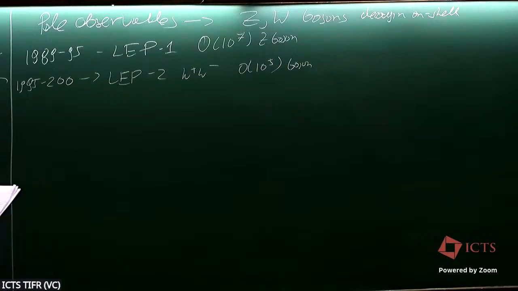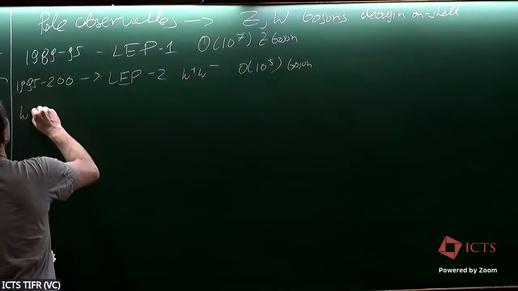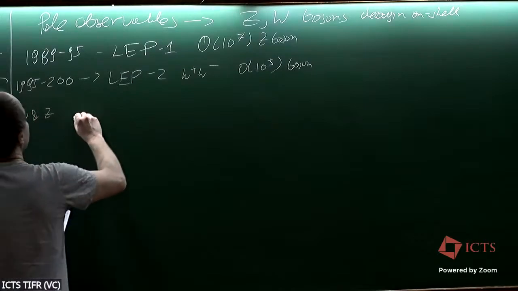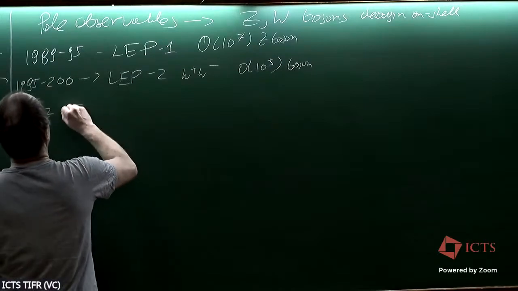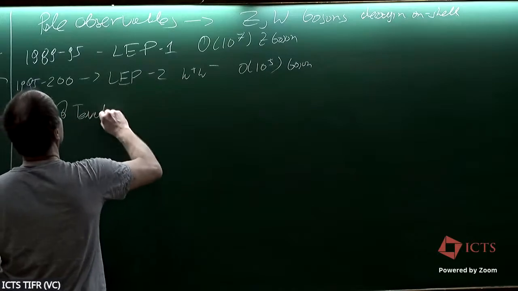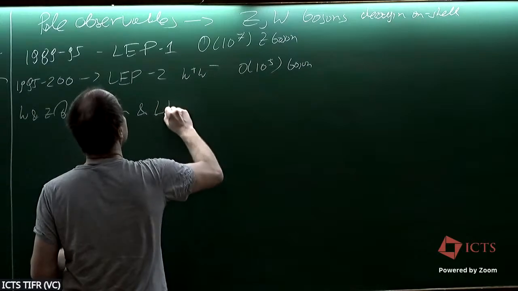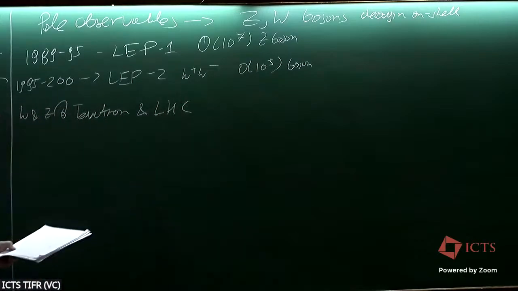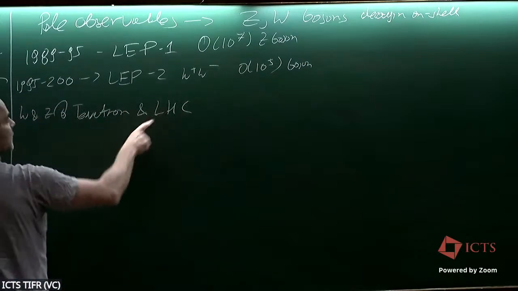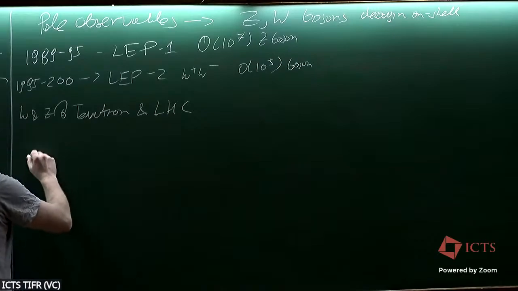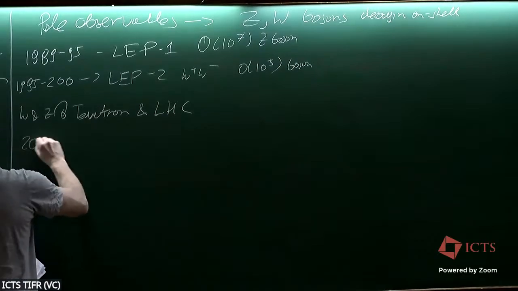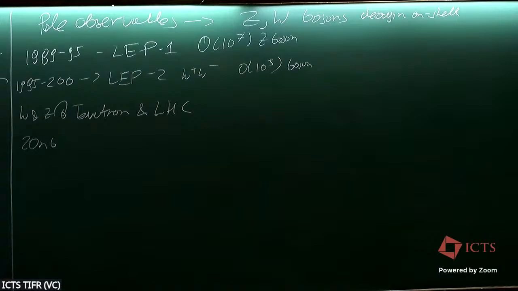And then W and Z bosons are also produced at the Tevatron and LHC. For example, at the LHC, the cross section for the production of the W boson is 20 nanobarns. So it's huge.